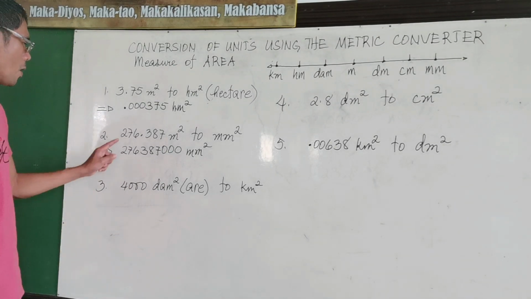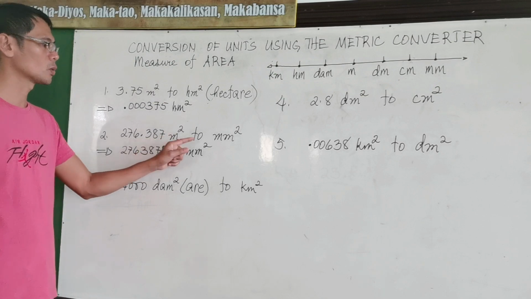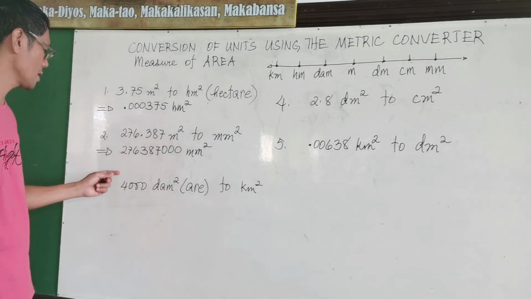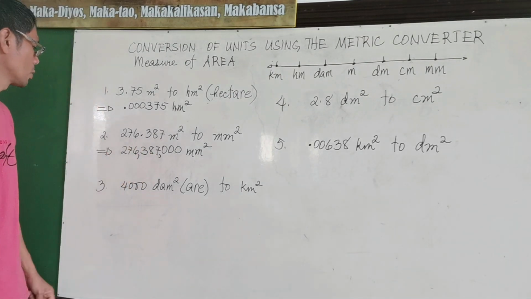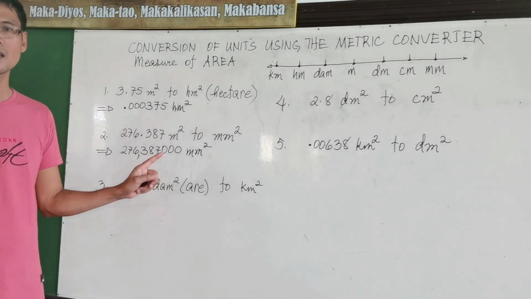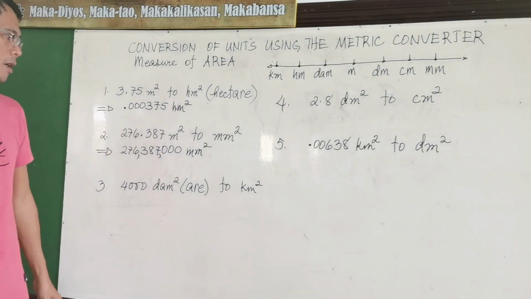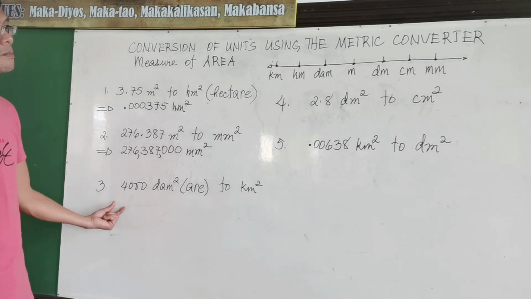Okay. So our 276.387 square meters to square millimeters is equal to 276,387,000 square millimeters.